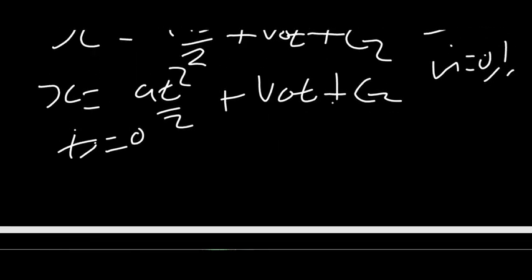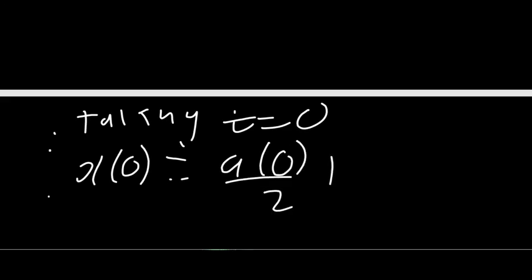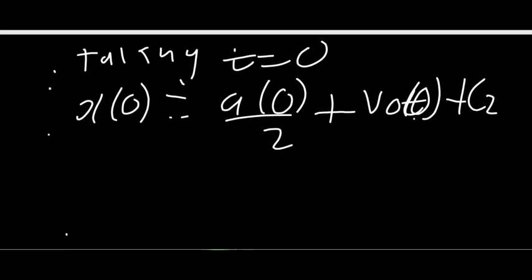Okay. So taking t to be equal to 0, so this is our equation 6. We are taking t to be equal to 0. So if we substitute this, what are we going to have? We're going to have x is 0 over 2 plus v naught times 0, plus c2.